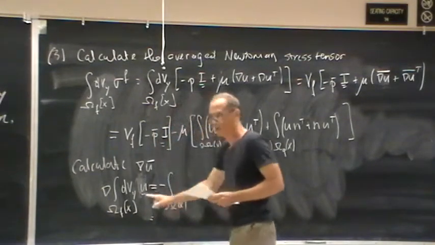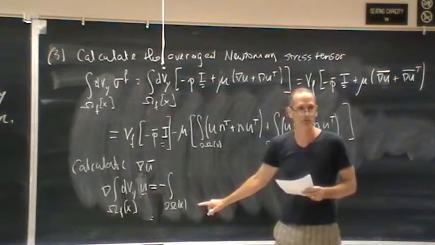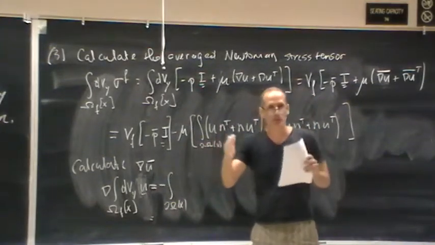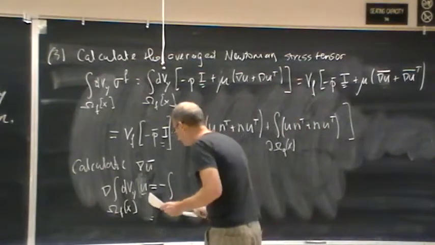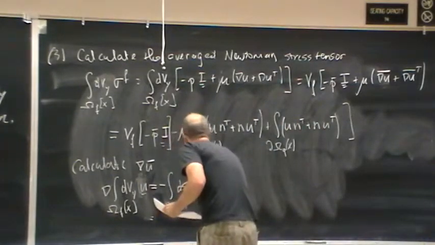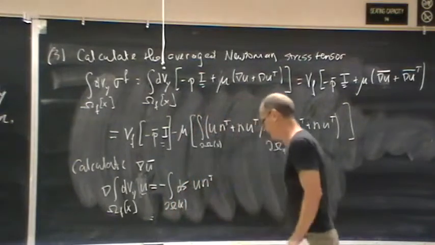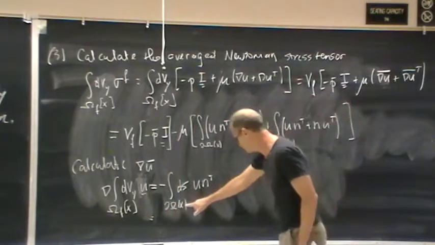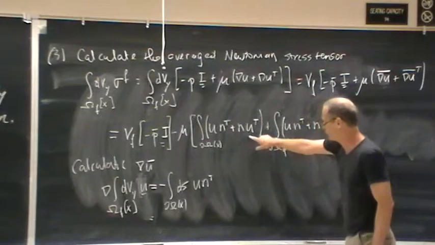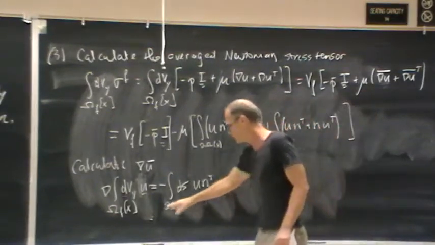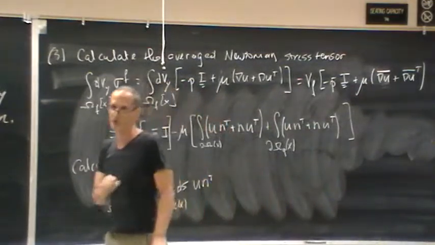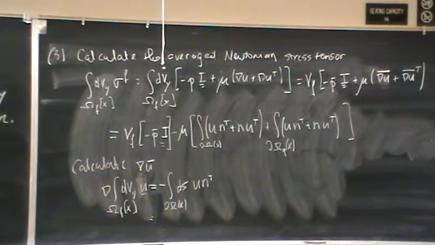It turns out that you don't pick up the particle stuff. So you're just kind of shifting the outer boundaries, so those pieces in the average cancel out. They don't come in. ds u n transpose. So it turns out that this piece, which is the boundary piece here, that I don't like, so it has to do with the specifics of how I'm choosing to do the average, can be re-expressed as the gradient of an average quantity. That's nice. I can get rid of it by talking about the gradient of an average quantity, which is what I like.